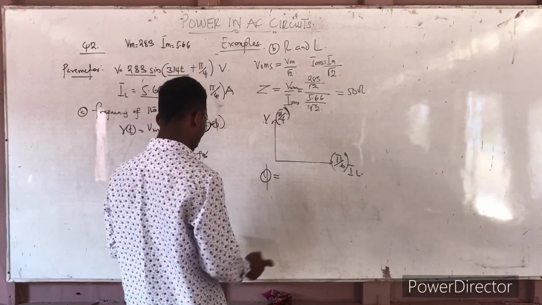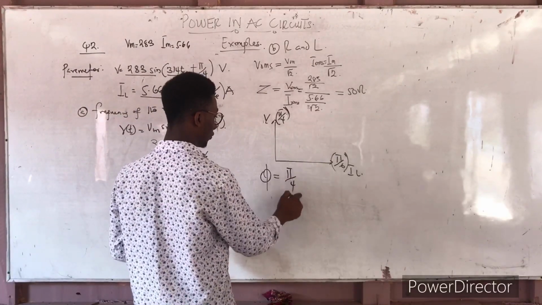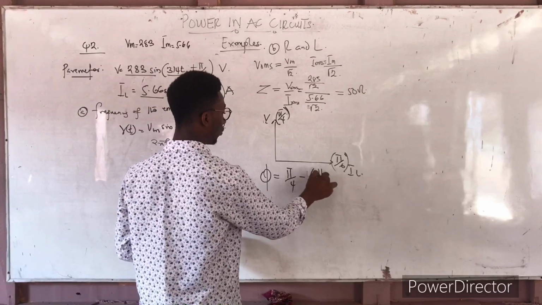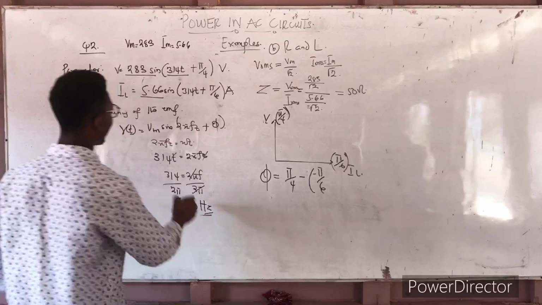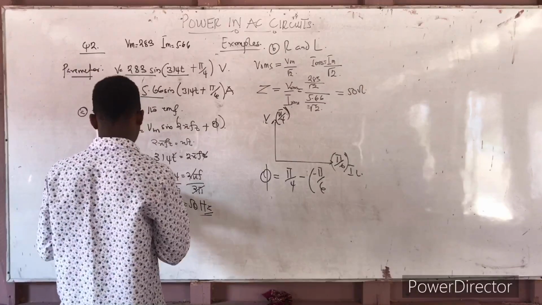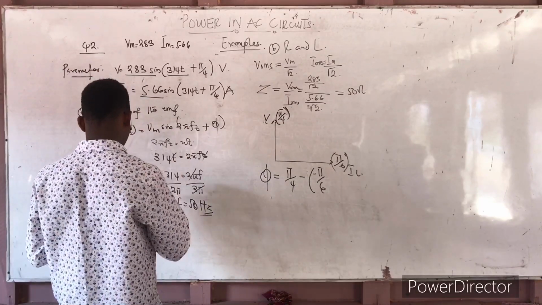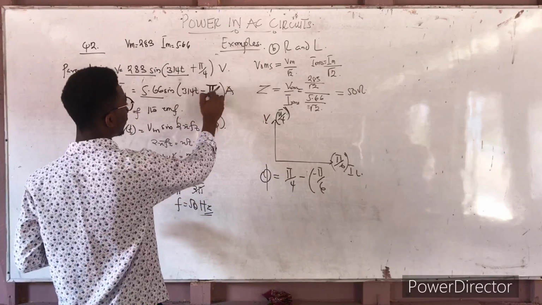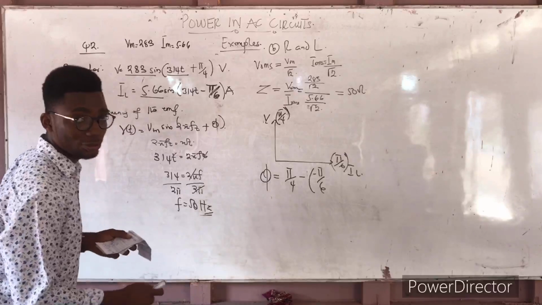To find the phase angle is simply pi on 4 minus negative pi on 6, because the value here in the question was negative. Sorry, you can correct that when solving.